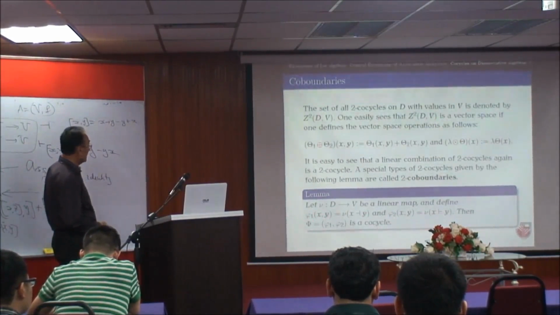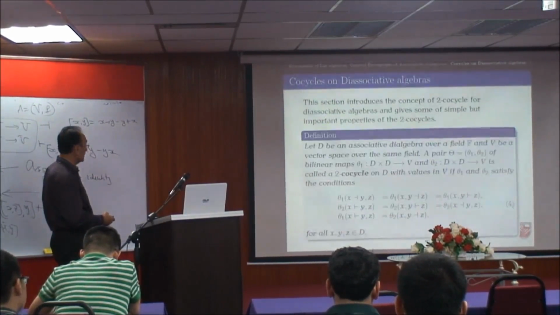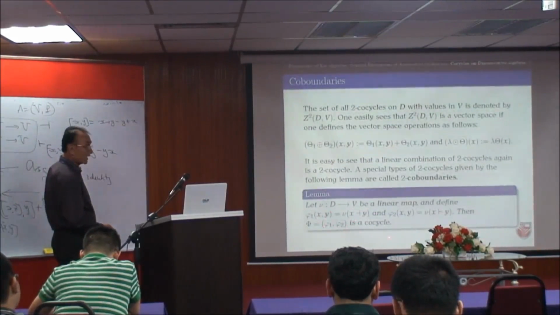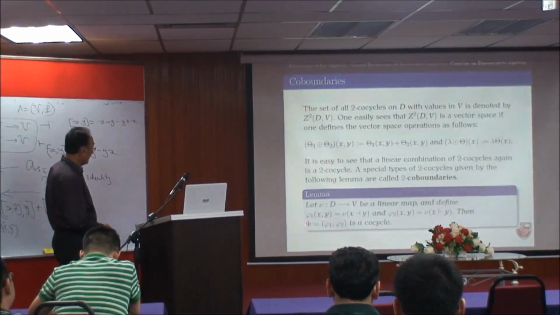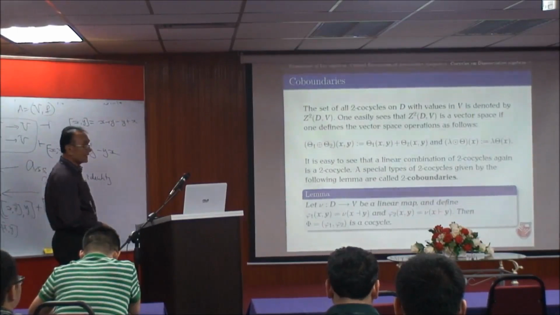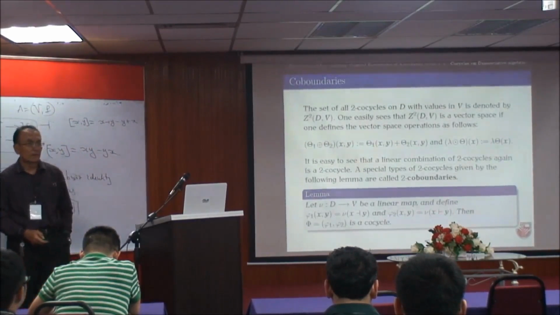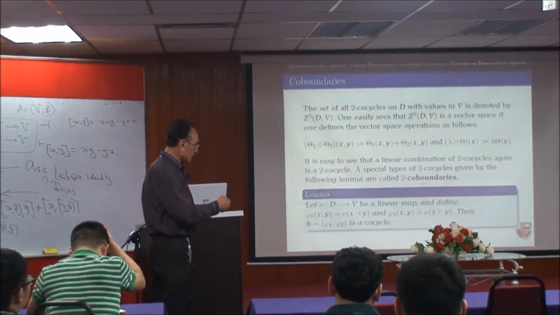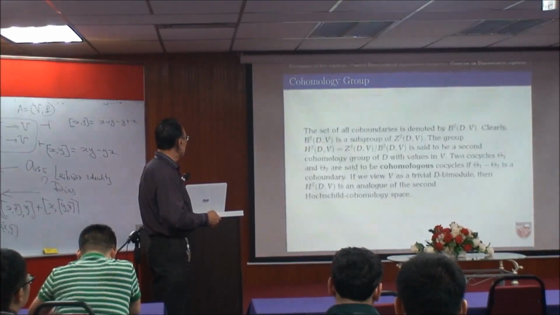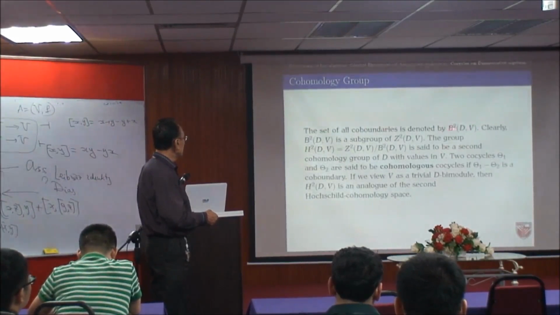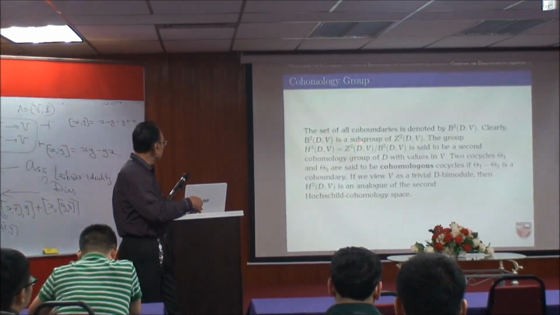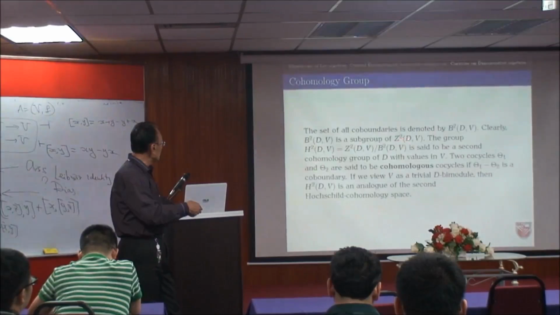They satisfy all these conditions, so they are also 2-cocycles. These cocycles defined by such linear maps are called coboundaries. Now you have cocycles and coboundaries. The set of coboundaries we denote by B2(D, V). This is a subgroup of Z2(D, V).